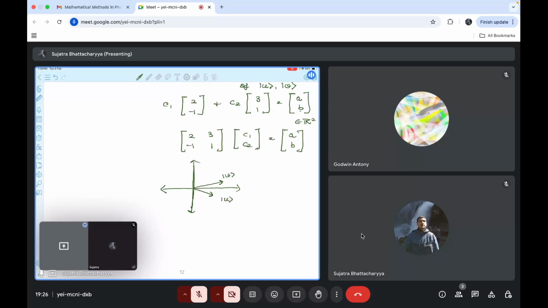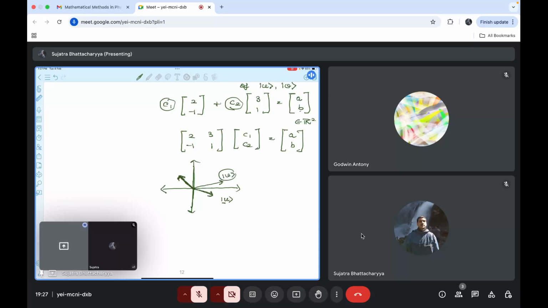Any (a, b), whatever it is, I don't know, any vector (a, b) can be written as a linear combination of these. What does that mean? Suppose you have a vector (a, b) as this, whatever it is, any vector. We can scale this vector U using C1, and we can scale this vector V using C2, in such a way that ultimately when we do the vector addition, we get this particular vector.